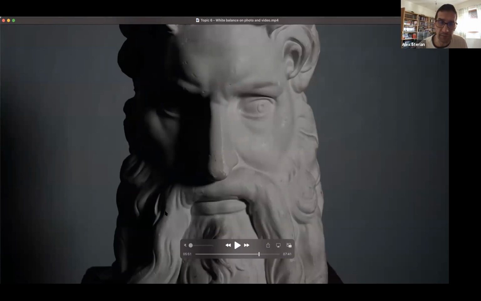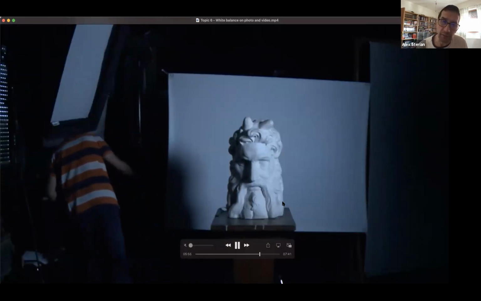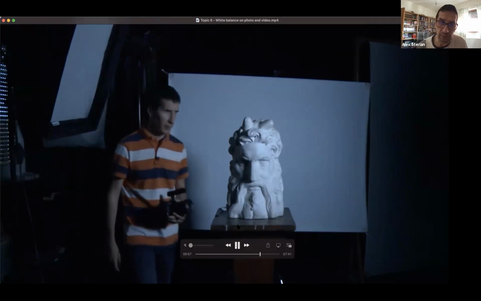So the surface of this panel will interfere with the quality of the light.